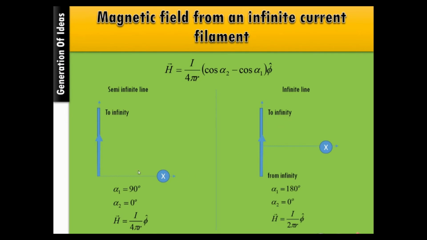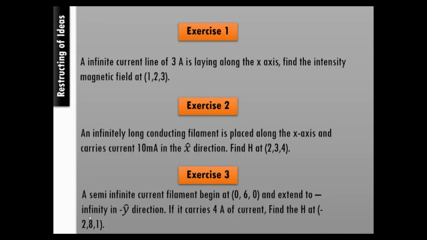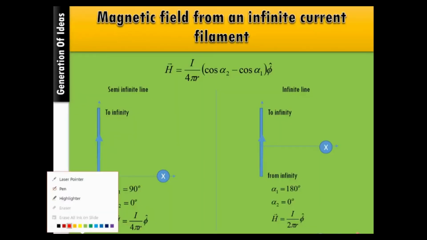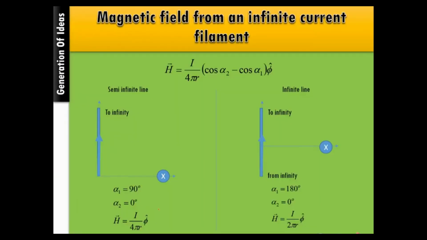For this case, you can simplify the equations for the H by assuming the angles alpha 2 and alpha 1. So this is point A, and this is point B. This is the point T joining the observation point.